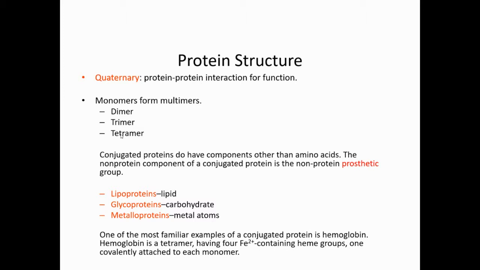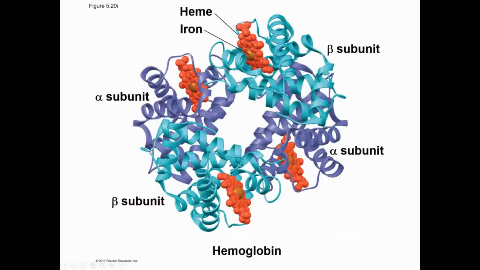The non-protein component of a conjugated protein is the prosthetic group. So a lipoprotein is lipid plus protein, where lipid is the prosthetic group; a glycoprotein is carbohydrate plus protein; and a metalloprotein is a metal ion plus the protein. That's the quaternary structure.